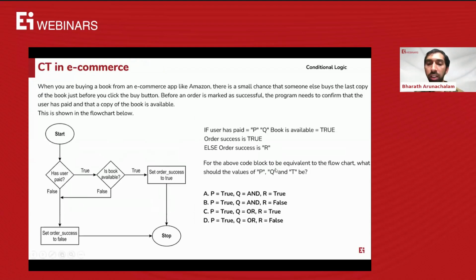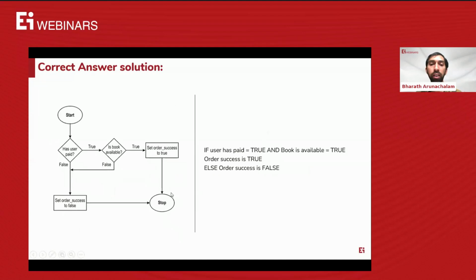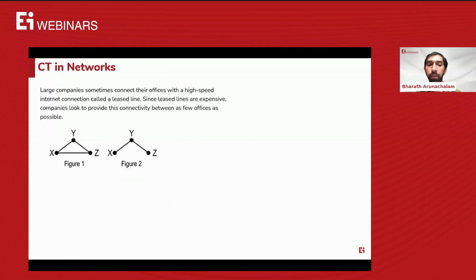So option B is the right answer. We can't use or. Both of these conditions need to be true for the order to be placed. It's not that only one has to be true, and hence option B is the right answer.